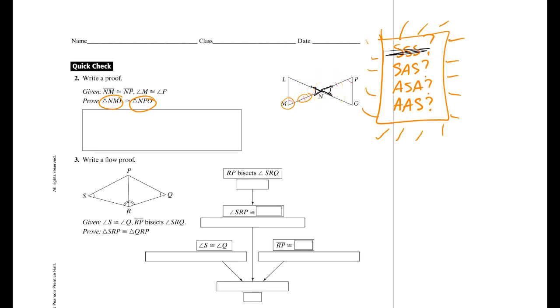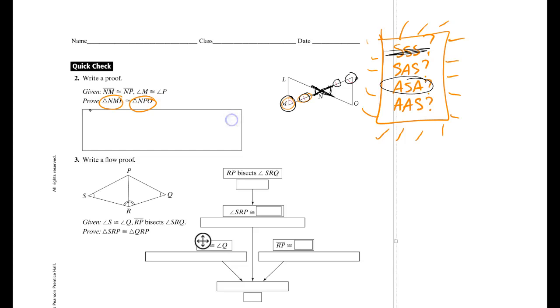So just by looking at this diagram, I know these triangles are going to be congruent because I got vertical angles here. I get a side matching up with another side, and I got my third thing, my angle over here. So this proof is going to have to end up as an angle side angle as my final reason.